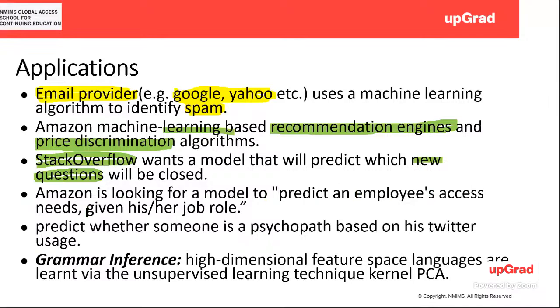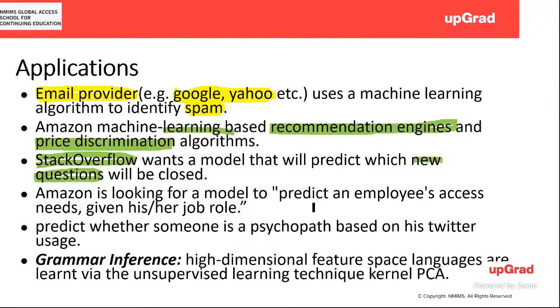Okay, Amazon is looking for a model to predict an employee's access needs. Suppose in your company's intranet, you can use certain websites and you cannot use certain websites, but as per your job role, they can assign you some kind of access, right?